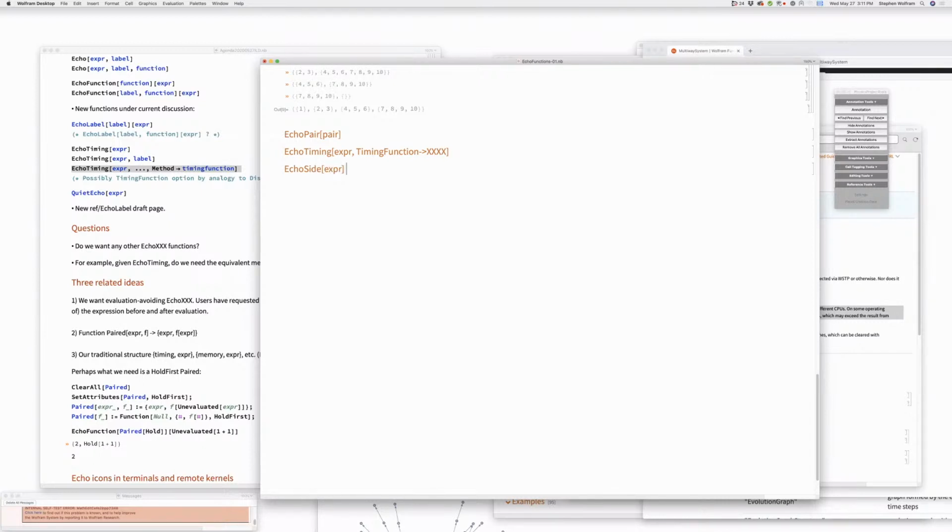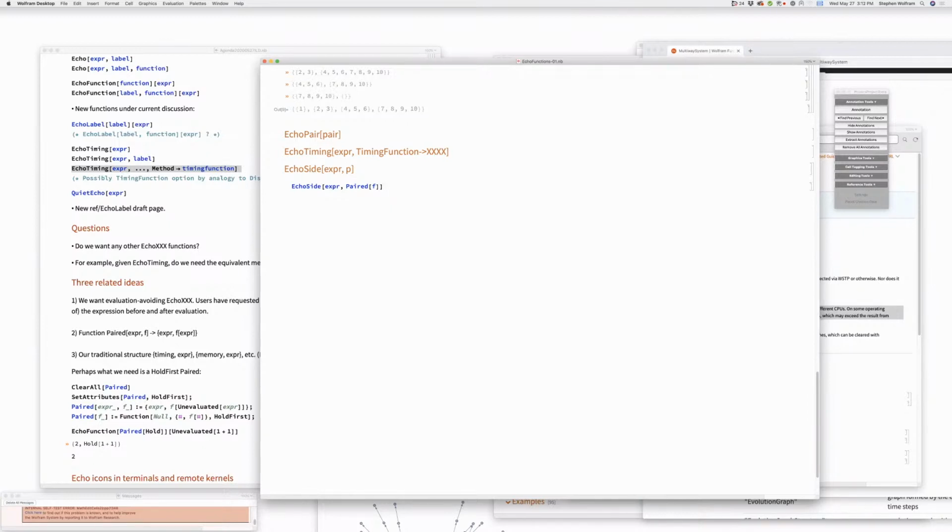For example, you'd put timing there, where P returns a pair. And so one example of that would be echo side of expa paired. And paired has an operator form. So paired of F would do the right thing, correct? Right. Yes.